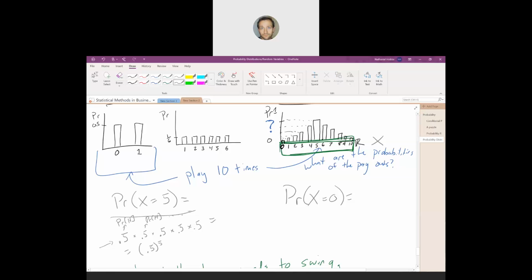Let's go to the one on the right. How would you think about that? Maybe multiplying 0.5 10 times. 0.5 10 times.